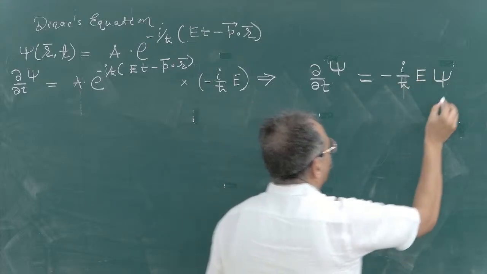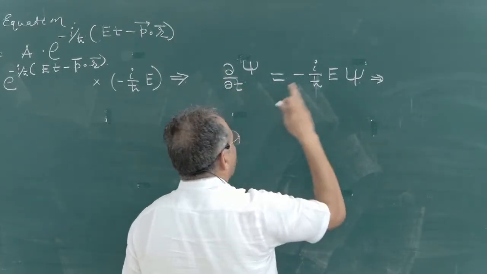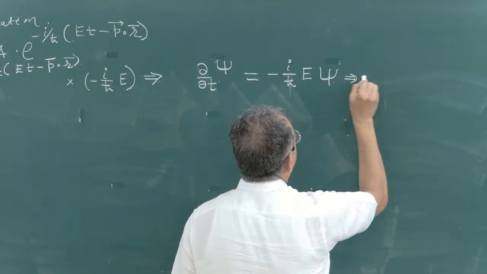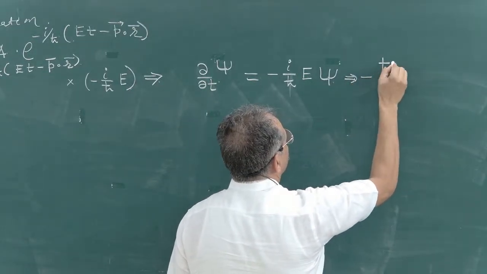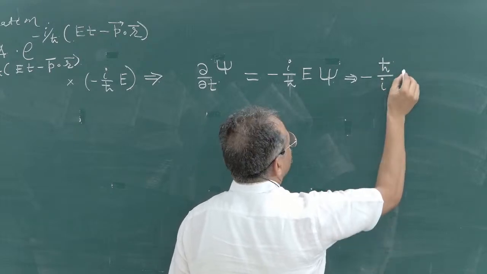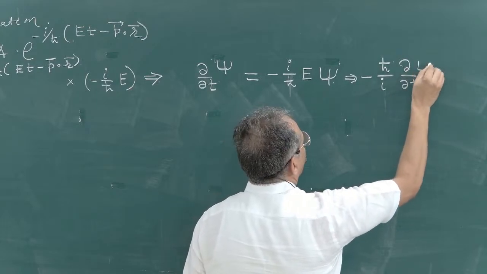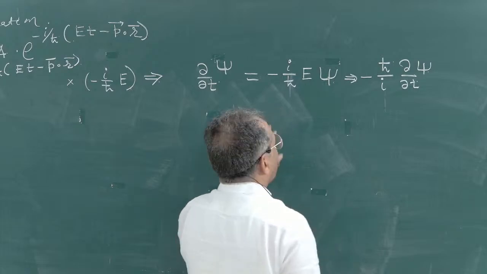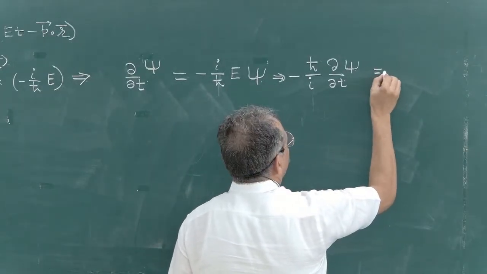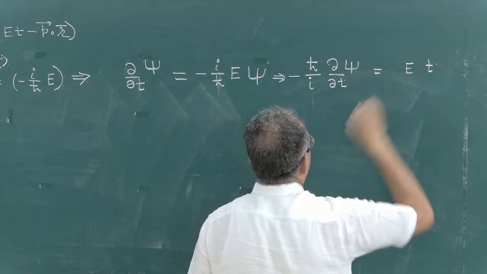I further want to rearrange this equation so that h cross and i are taken on left hand side. So I am multiplying by minus h cross upon i on both sides. So partial derivative with respect to t operated on wave function psi, and here I am multiplying by minus i upon h cross. So I will be left with only E into psi.